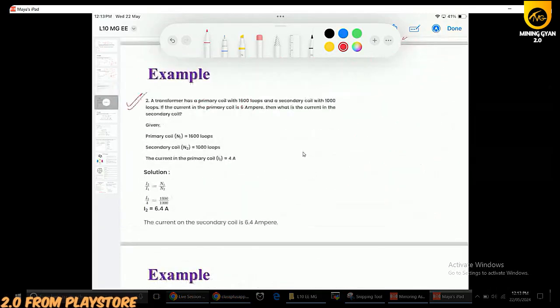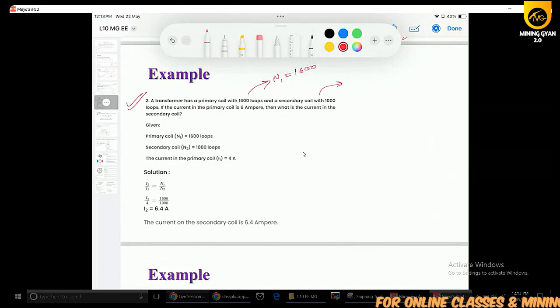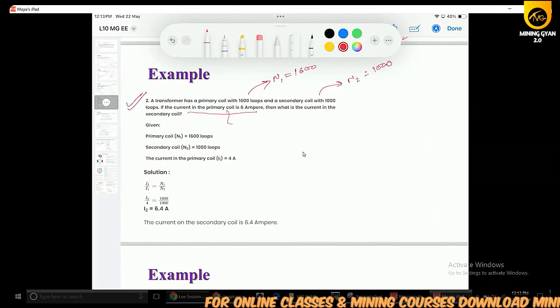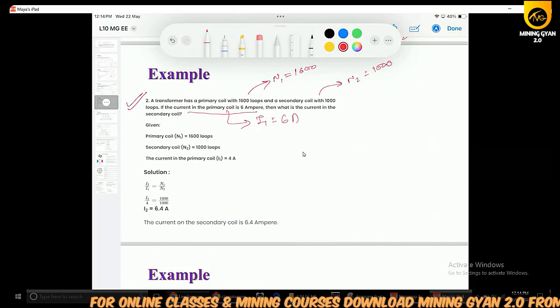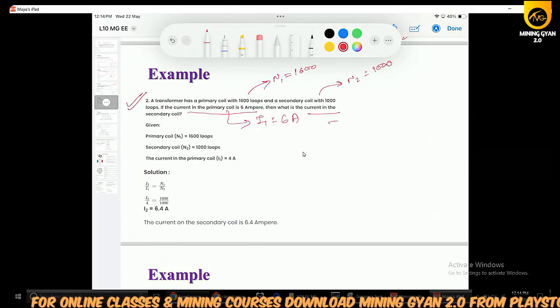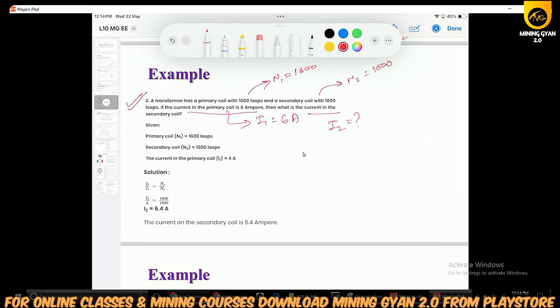In the next example, a transformer has a primary coil with 1600 loops, meaning N1 is 1600 turns on the primary side, and the secondary coil has 1000 loops, meaning N2 is 1000. If the current in the primary coil is 6 amperes, what is the current in the secondary coil? I mean, we have to calculate I2.